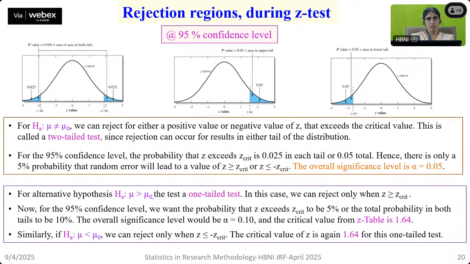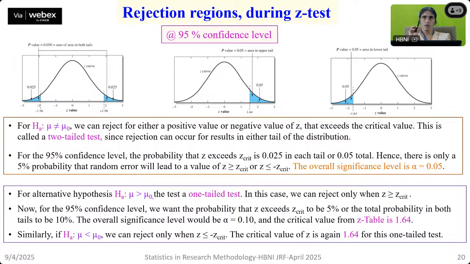If you go for a two-tailed test, the table you refer to for the Z values will have the form given on the top left side of the three figures. The top left figure is the general representation of the two-tailed Z test. The middle one is the upper one-tailed and the rightmost one is the lower one-tailed.